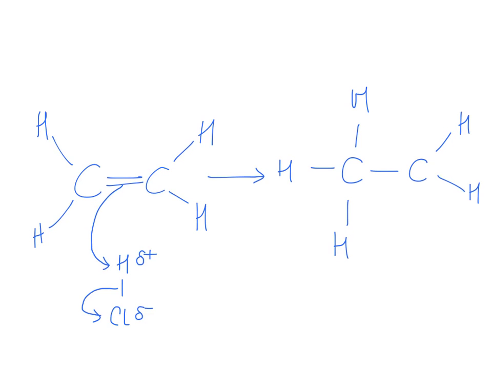This carbon on the right, the one I'm colouring in green, it's lost a share of electrons, and so it has a delta positive charge. Our chlorine has a delta negative charge because it's been given an extra share of electrons. Okay, so it comes in and attacks that carbon.